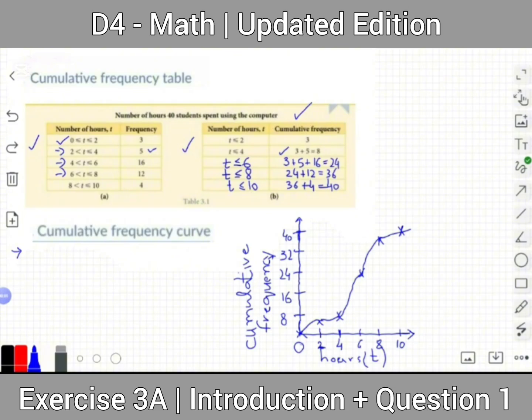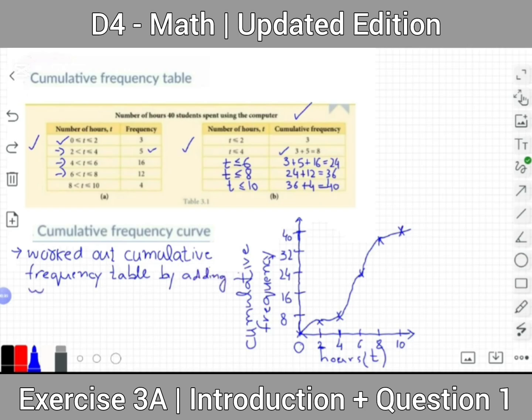First, we worked out the cumulative frequency table by adding up the previous frequencies each time.